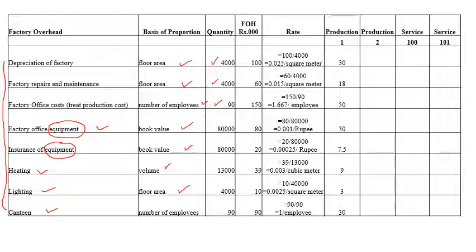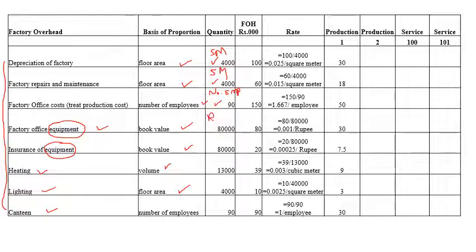So I think it would be good to mention here it is square meters. Here is also square meters. Here is number of employees. Number of employees. Here is book value.